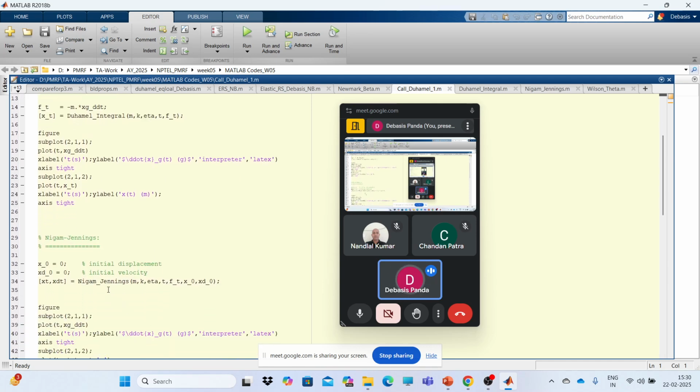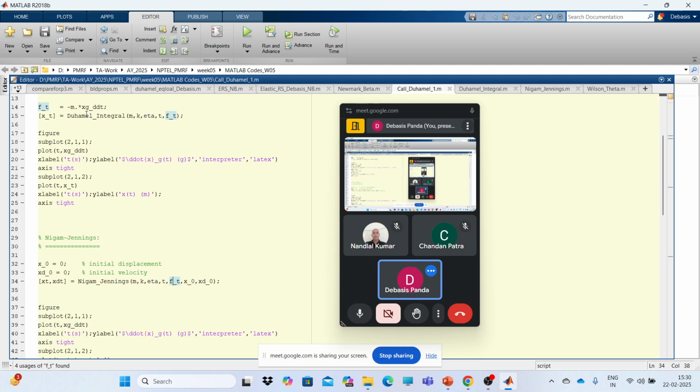This is the Nigam and Jennings function file we have made. We need to provide m, k, the damping property, time, and the forcing function. The forcing function here is minus m into x g double dot, because it's an earthquake load.